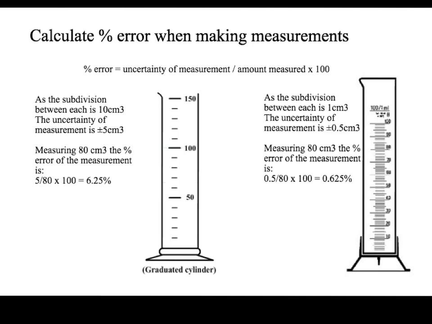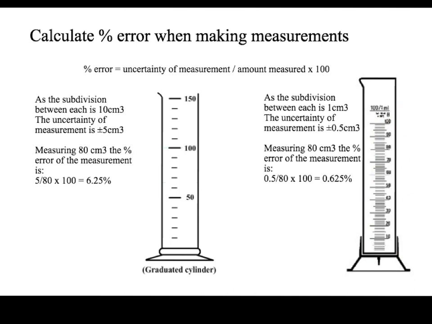So the uncertainty is halfway between. So you've got plus or minus 5 centimetres cubed uncertainty, because you can't really be sure. When making the measurement, you've got a wobble room of about 5 centimetres cubed. So the uncertainty for this measuring cylinder is plus or minus 5 centimetres cubed.